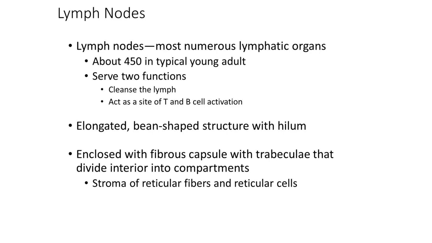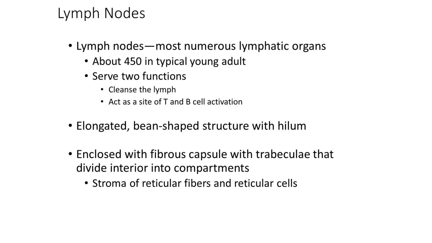You have lymph nodes. They are the most numerous of the lymphatic organs. There are about 450 in a typical young adult, and they have two functions. They cleanse the lymph, and they act as a site of T and B cell activation. They are elongated bean-shaped structures with a hilum.